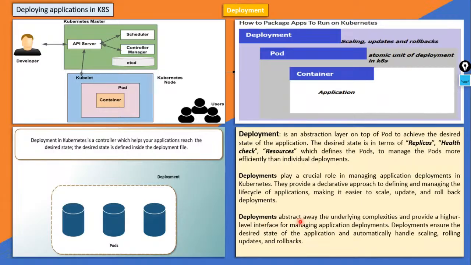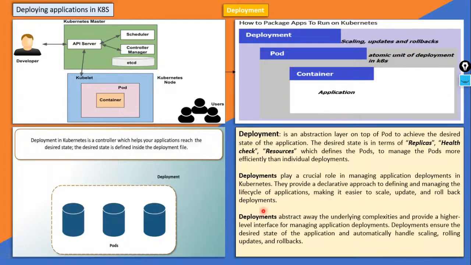So deployments abstract away the underlying complexities. Why do you do a deployment? Because this architecture is very complicated. I do not want to go into any complexities. I want to abstract away and make things simpler. I use a deployment manifest file. I desire something in a very simple way.